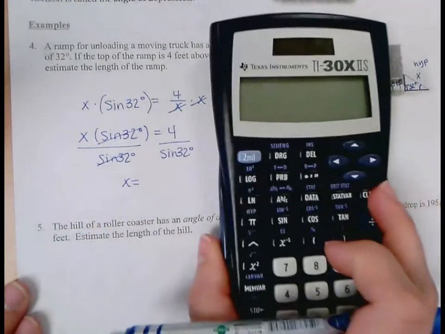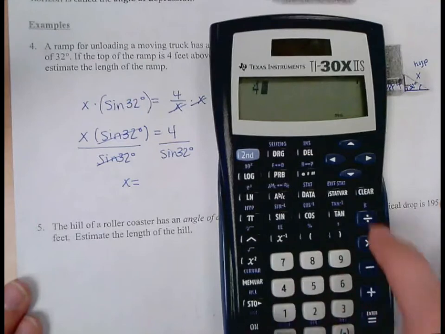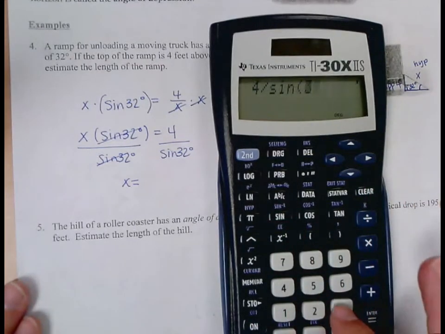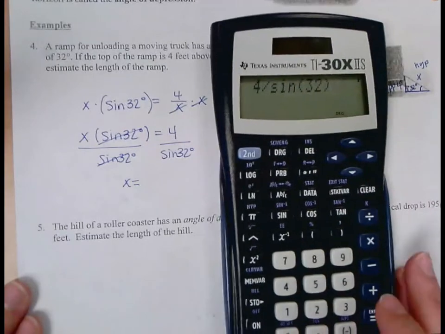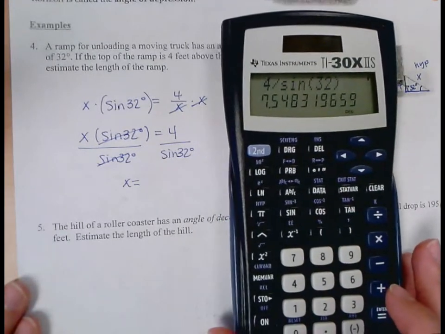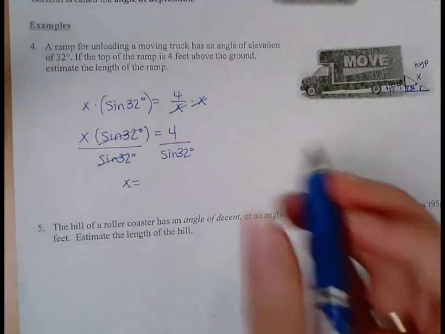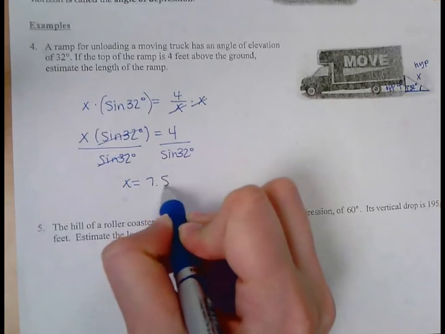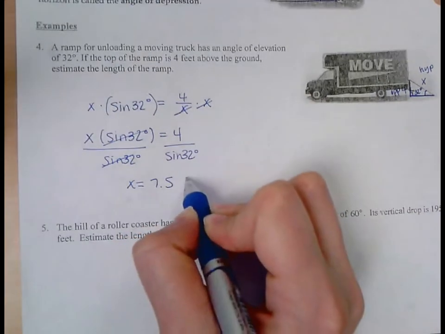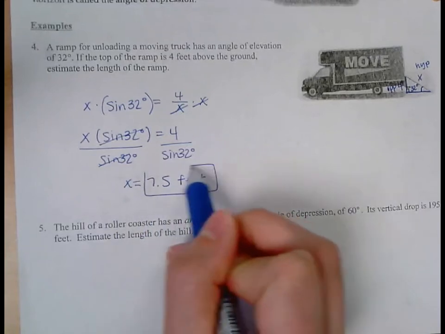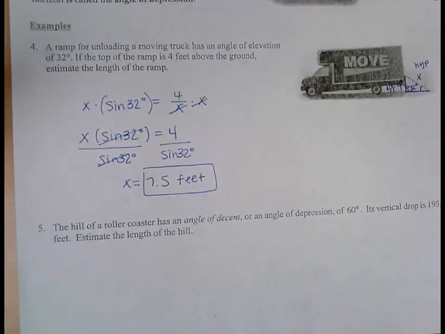So I can type into my calculator 4 divided by sine, not inverse sine, just regular sine of 32 degrees is equal to, and we'll just continue rounding to the nearest tenth, so about 7.5. And that was measured in feet. So the ramp is about 7.5 feet long.